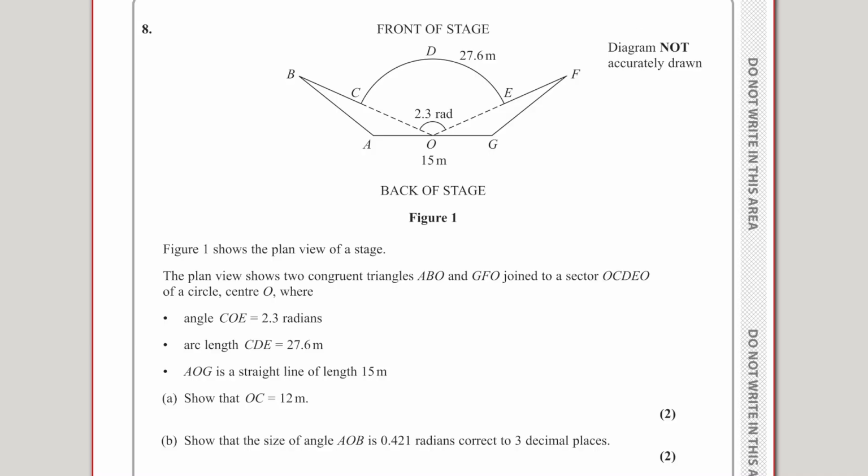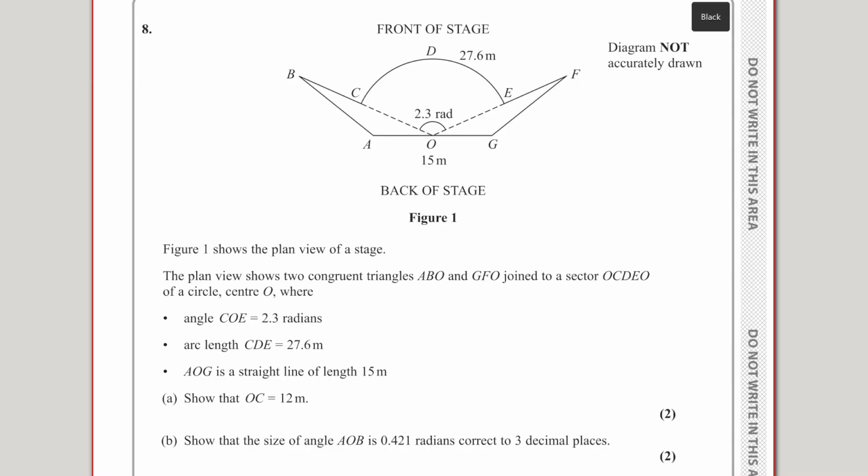Question 8. Figure 1 shows the plan view of a stage. The plan view shows 2 congruent triangles, so identical triangles, joined to a sector. Angle COE is 2.3 radians.